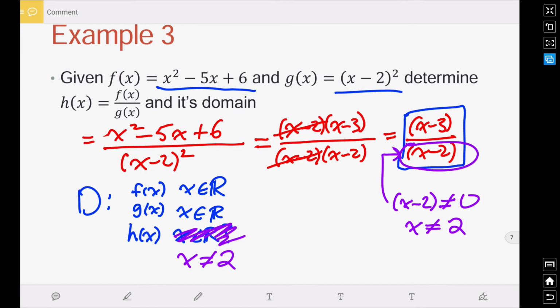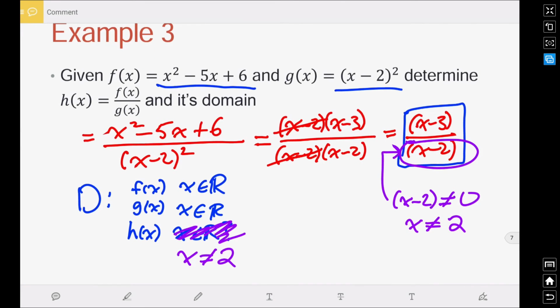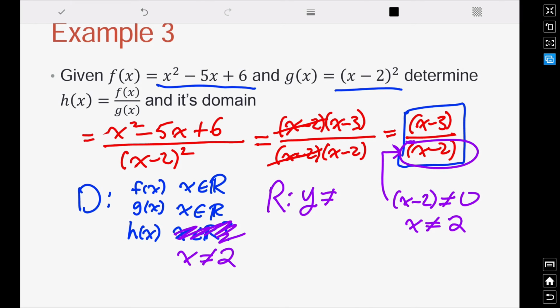For the range of this particular function, it's easiest to just graph it and look at the graph. I can tell you right now that because it's a rational function and the only restriction is x cannot equal 2, the range will be all real numbers, except for, y cannot equal, I think, oh well, let's just graph it.